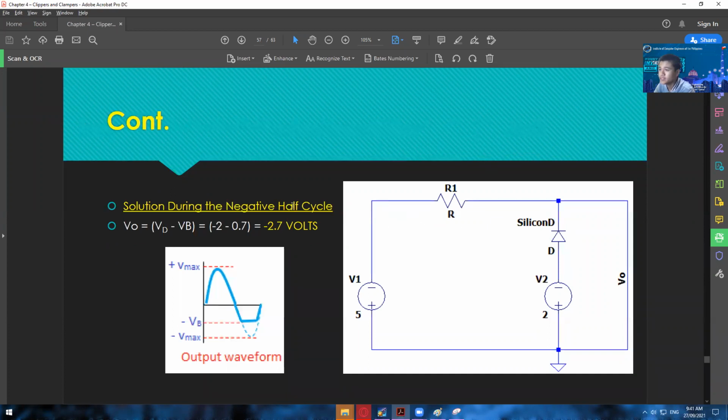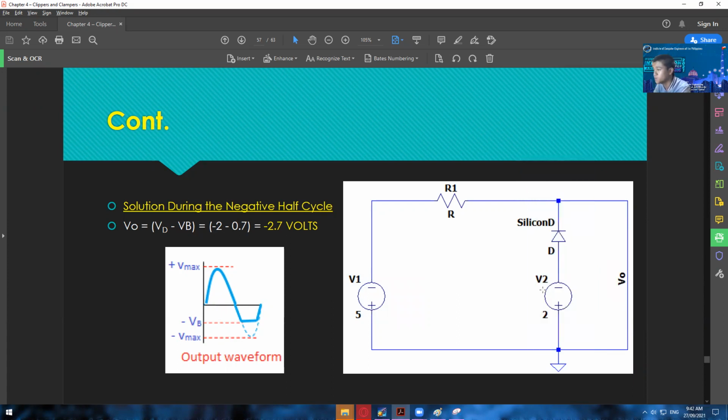And then during the negative half cycle, negative to negative, positive to positive, and then this one is negative to positive, and then positive to negative. Nevertheless, this one is still a forward bias connection due to this V1 right here. Since we have a forward bias connection, our reading of VO is this entire path only.